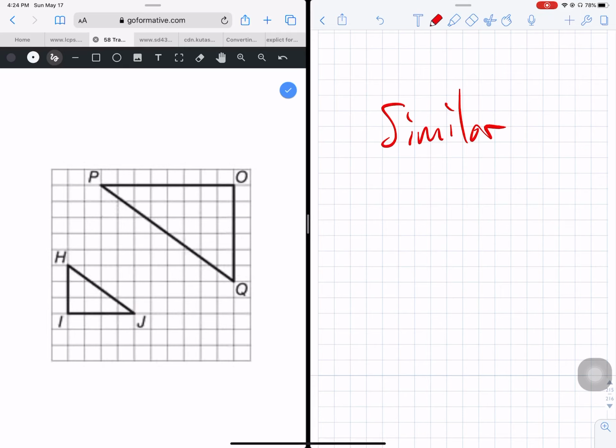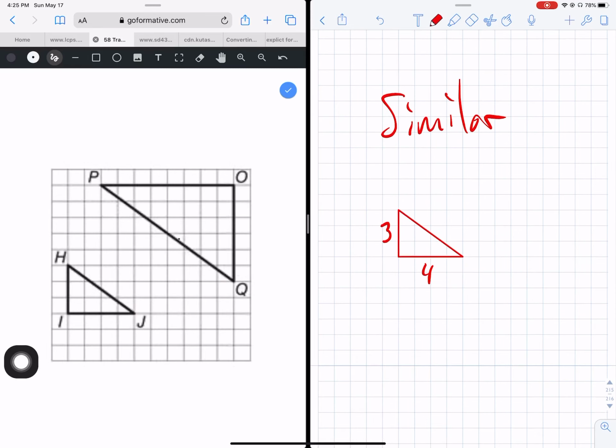So look at the small one. It's 3 by 4. See that? So 3 by 4, 3 by 4. And then look at the big one. It's 1, 2, 3, 4, 5, 6 by 1, 2, 3, 4, 5, 6, 7, 8. A 6 by 8.